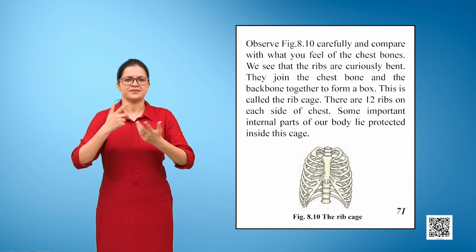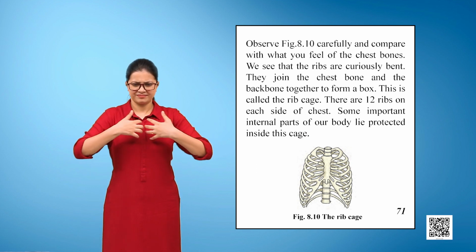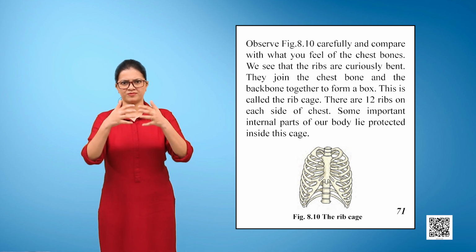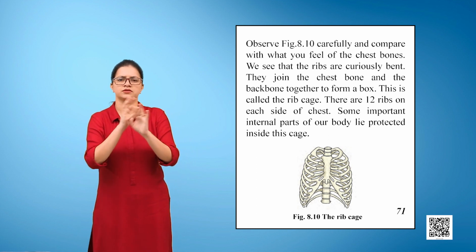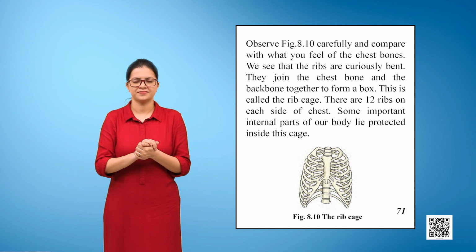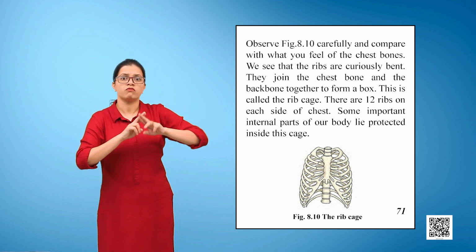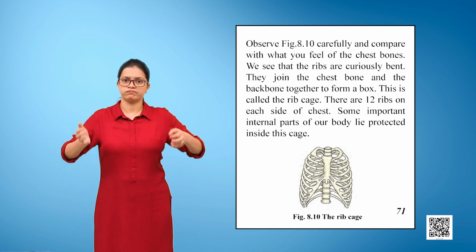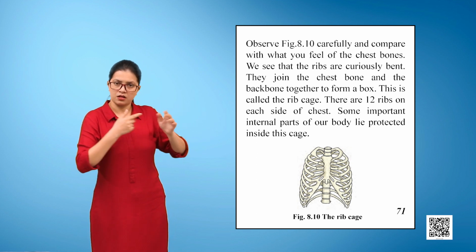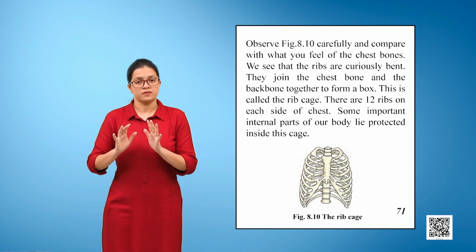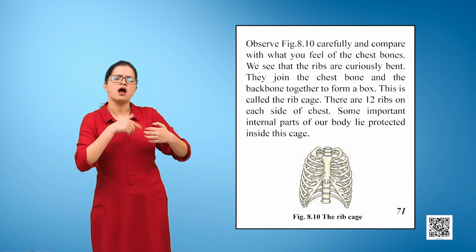We see that the ribs are curiously bent. They join the chest bone and the backbone together to form a box. This is called the rib cage.